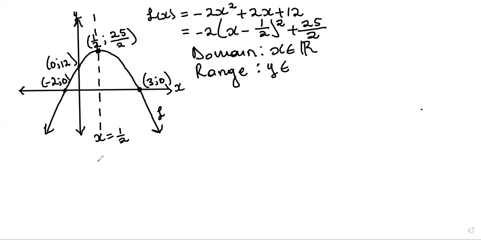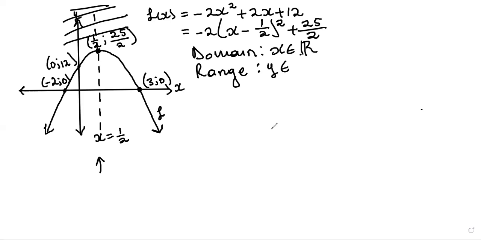We can see that the function comes all the way from negative infinity, but it's going to end at 25 over 2 because there is no function at any point beyond this 25 over 2.